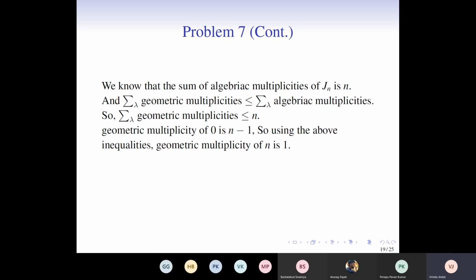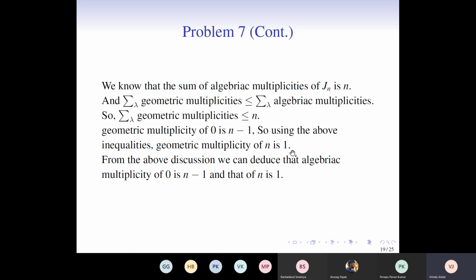So we get that the geometric multiplicity of n is greater than or equal to 1 just by its existence, and it should be less than or equal to 1 by the inequality. So what do we get? Both these inequalities give us that the geometric multiplicity of n is 1. So from the above discussion, we get that the algebraic multiplicity of 0 is n minus 1, and that of n is 1.